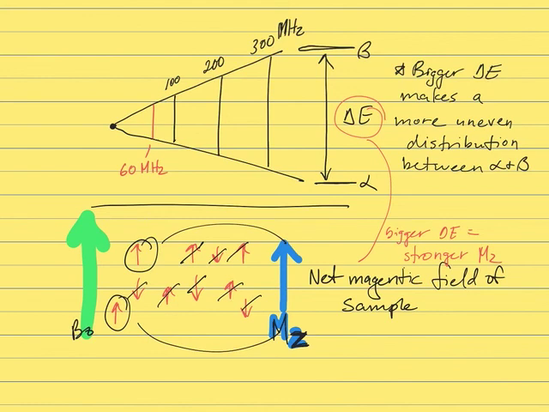Even for proton NMR, where H1 is the main isotope, so you would have it present in higher concentration, because there's not a huge difference between the alpha and beta states, and we're not dealing with a very big energy difference, NMR is not a sensitive technique.